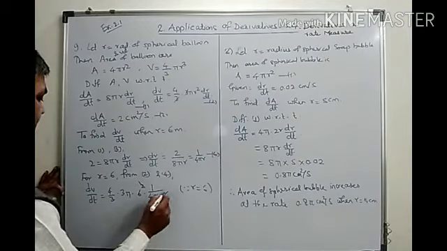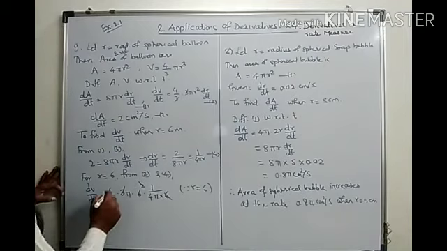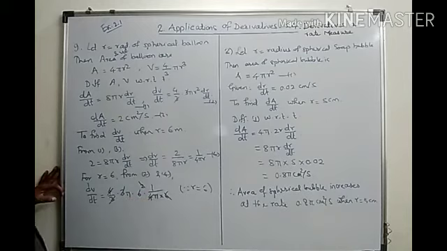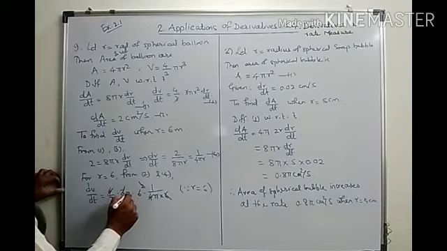So this 6 gets cancelled, this 3 gets cancelled, 4 gets cancelled, pi also gets cancelled.